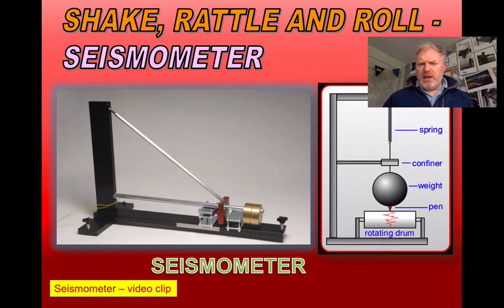Interestingly, the best way of recording that shaking is by an electronic version of what we used to generate with a rotating drum of paper and a pen moving across it. Let me show you a video to show you how this works.